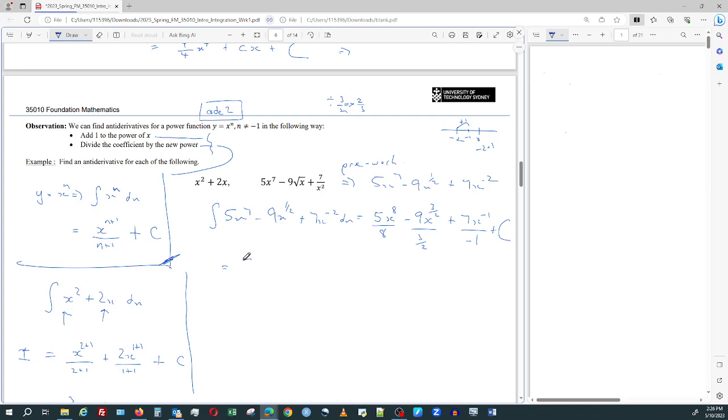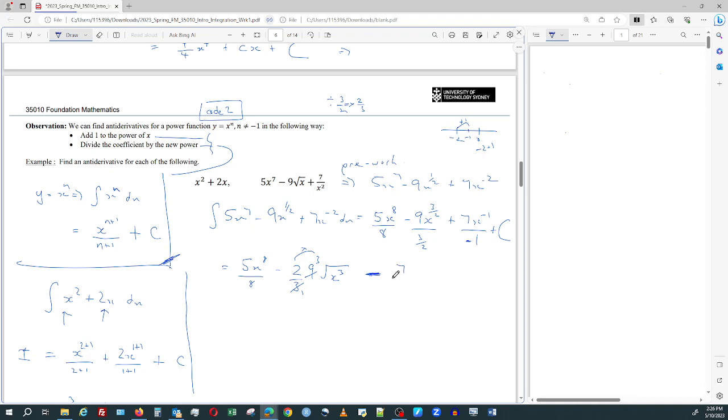So we've got 5x to the 8 on 8. Now that flips, so it's 2 minus 2 thirds 9, and that's the square root of x cubed. That will cancel, and so we've got a 3 by 2 product of 6. So we'll do that in the new line. Now this is minus, because that minus is going to take over the plus.